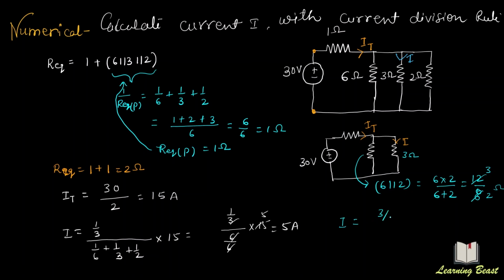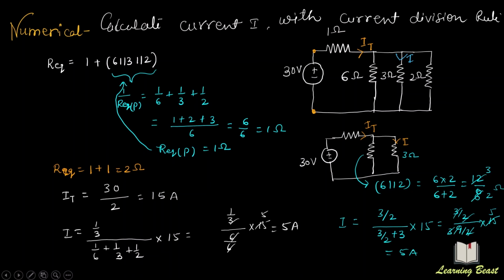So this is 3 by 2 divided by 3 by 2 plus 3 into total current, that is 15 ampere, is equal to 3 by 2 divided by, this will be cross multiply, so 3 by 2 plus 3 is 9 by 2, into 15. So this will be cancelled out. This will be gone 3 times and this is again 5 times. So resultant will be 5.